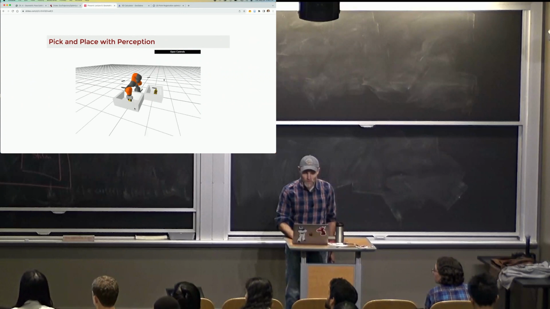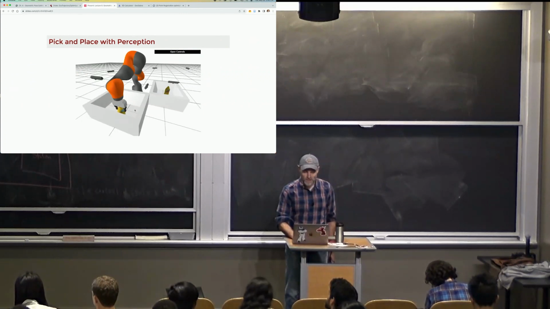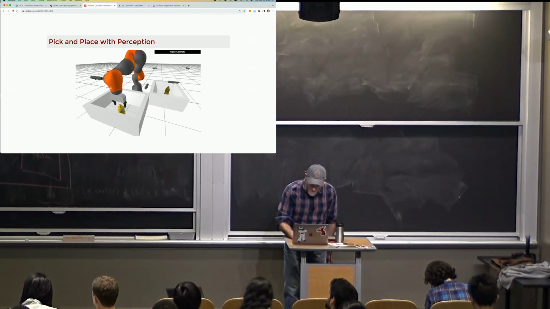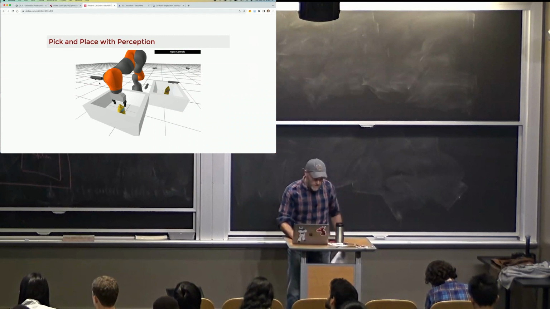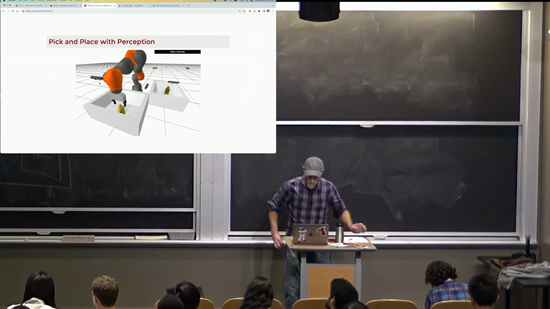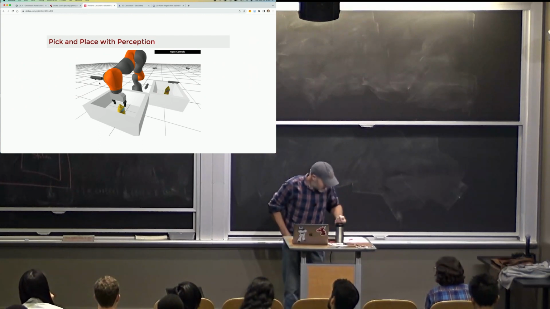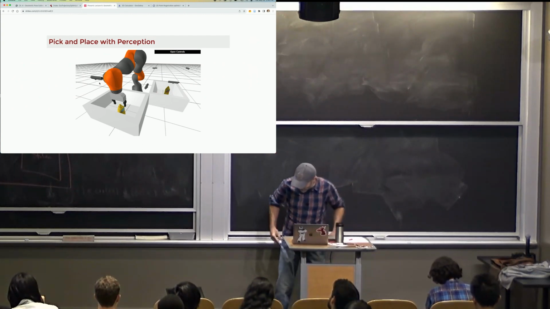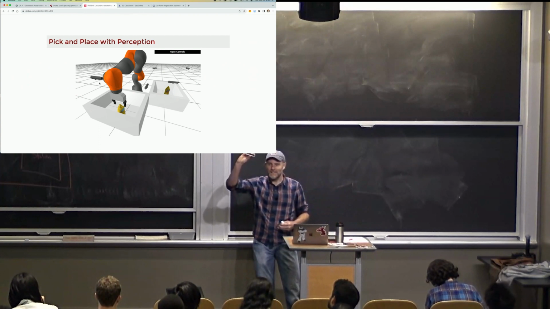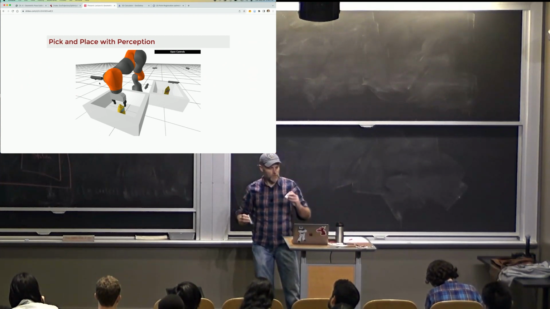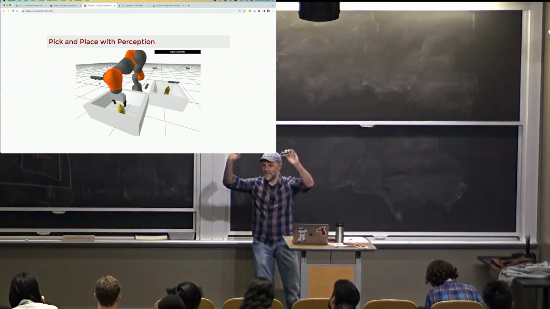Okay, so this is roughly what we're doing. Almost the same as what we did last time. The big difference is that we're going to have cameras now in the scene. These are cameras. I brought some. I don't always have cameras in my pocket, but today I do. This is the 415, this is the 435, RealSense cameras.